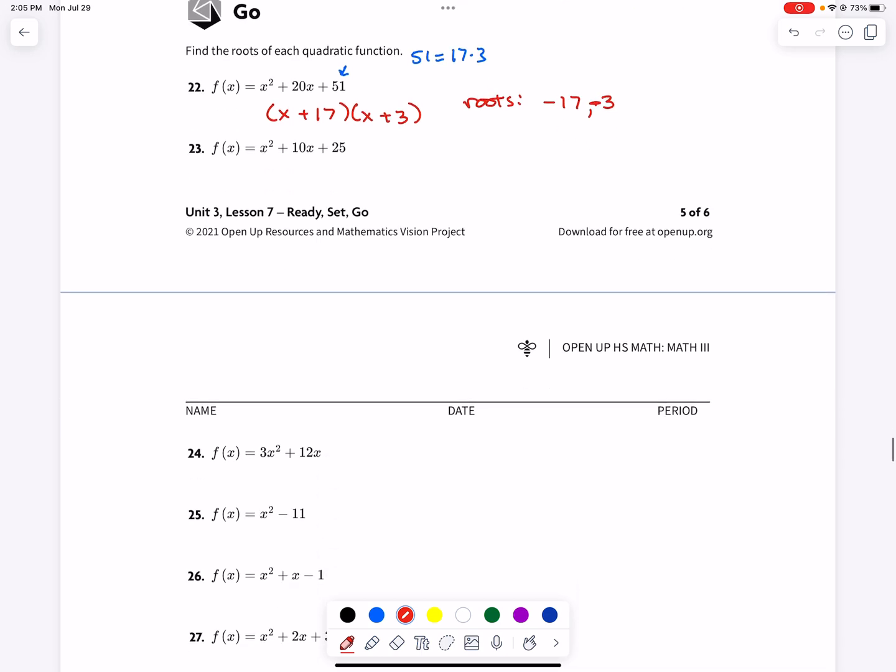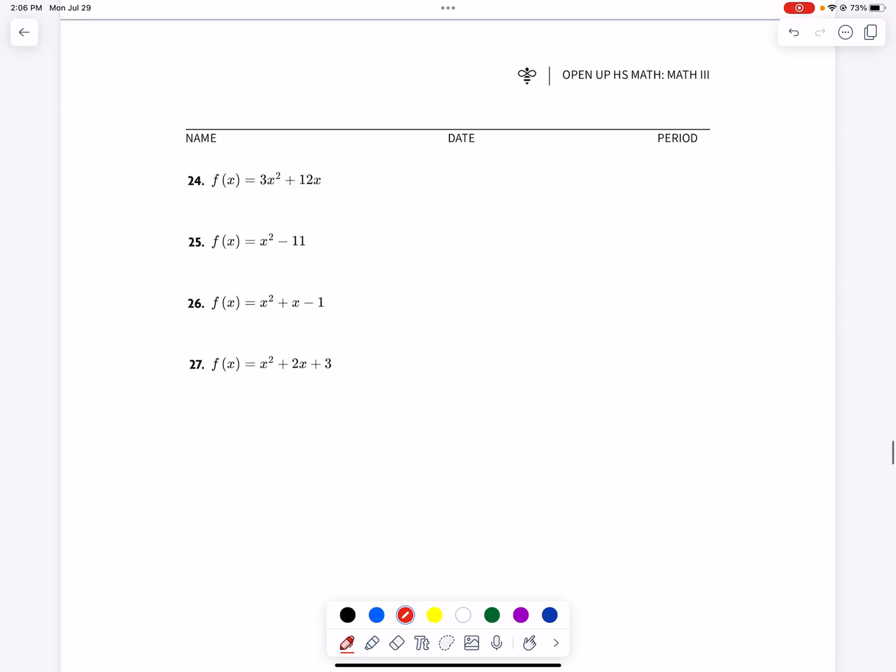Okay, don't forget to do opposite for x. This factors also. Okay, next.